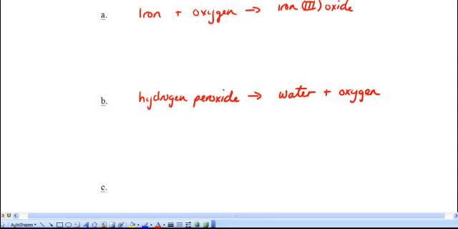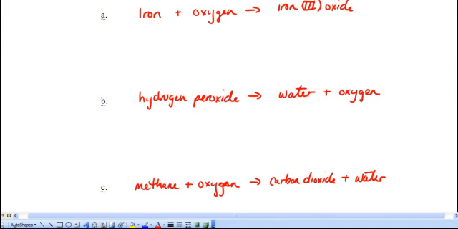And a third one here, we'll say, methane and oxygen produces carbon dioxide and water. Or you could say water vapor. Either way, those are some simple word equations that describe what's happening in a chemical reaction.